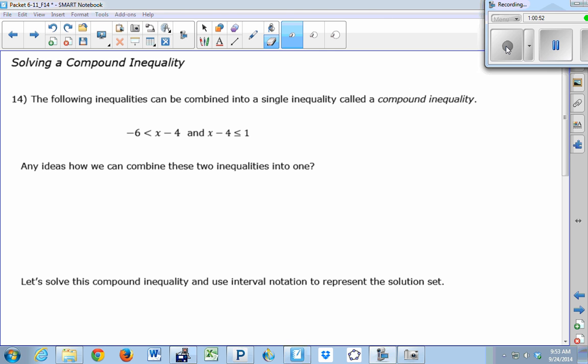Okay, to solve a compound inequality, there's a couple of approaches. The compound inequality would have started off looking like this.